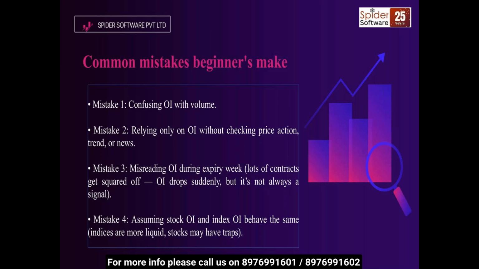So you have to go through that also, whether you are checking the OI of a particular index or a particular stock, and then you will be much clearer how you can take a trade or a position in the market.